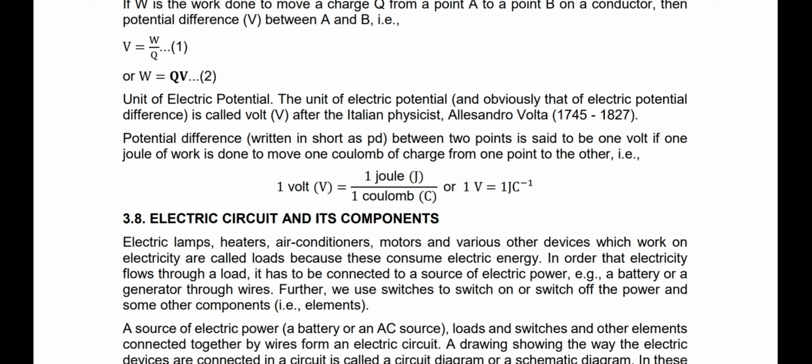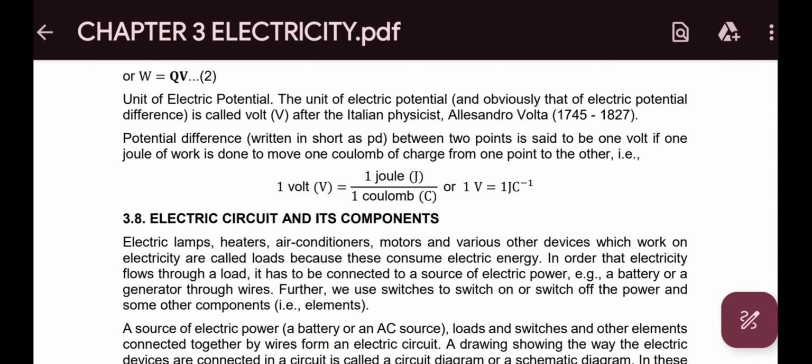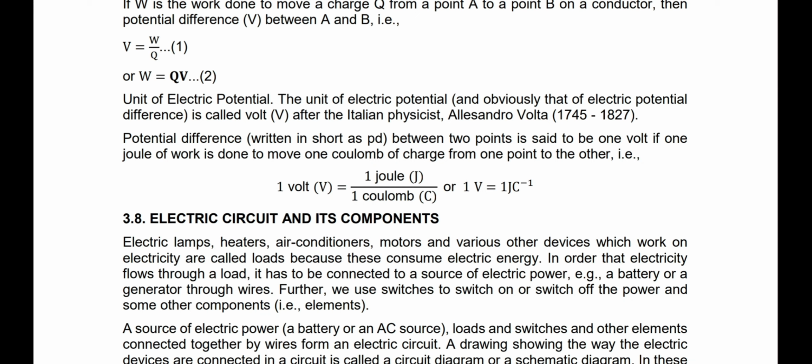In the coming PDF, where PD is written, we will consider it as potential difference. Between two points, it is said to be 1 volt if 1 joule of work is done to move 1 coulomb of charge from one point to the other.